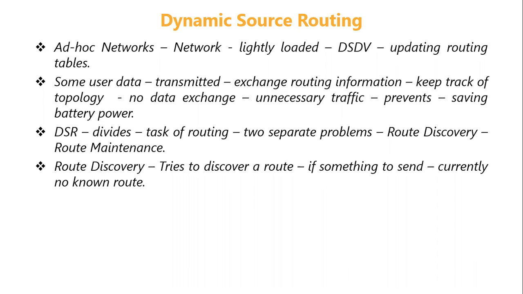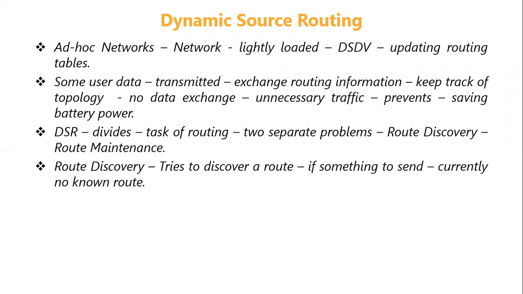A node will try to discover a route only when it wants to send something to the destination, and only when there is no known route to that destination. Under these two circumstances only, a node will try to discover a route.